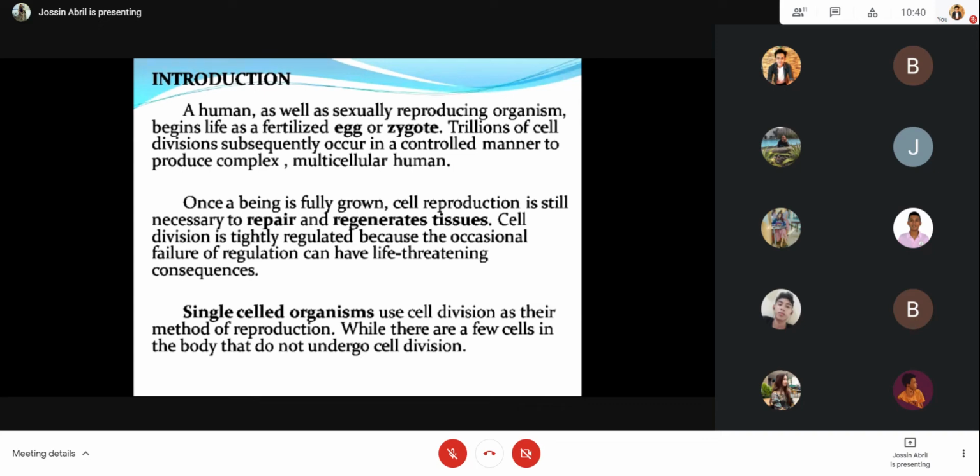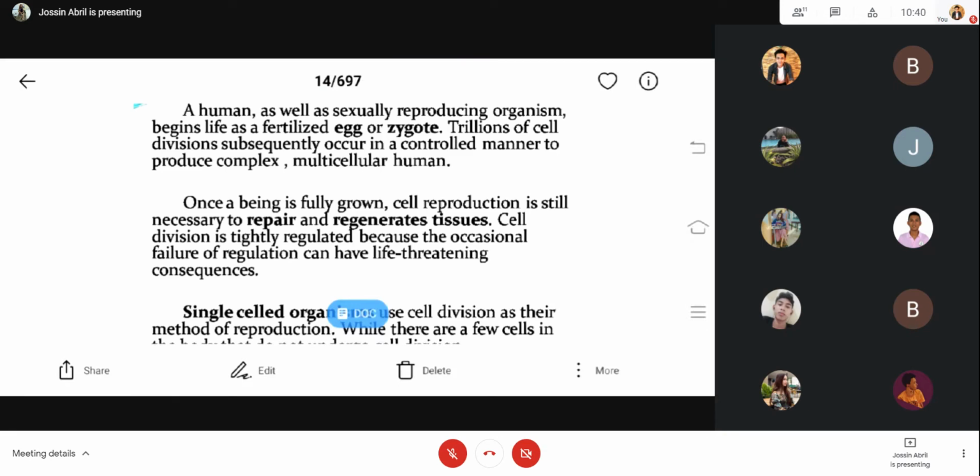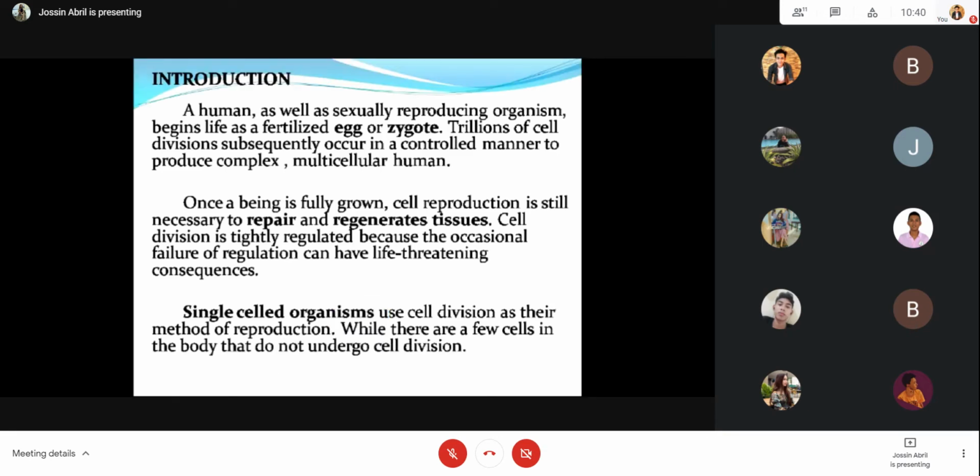For example, our blood cells and skin cells are constantly being produced in our body. Cell division is tightly regulated because the occasional failure of regulation can have life-threatening consequences. If there is a failure of regulation during cell division, there is an error or mistake.